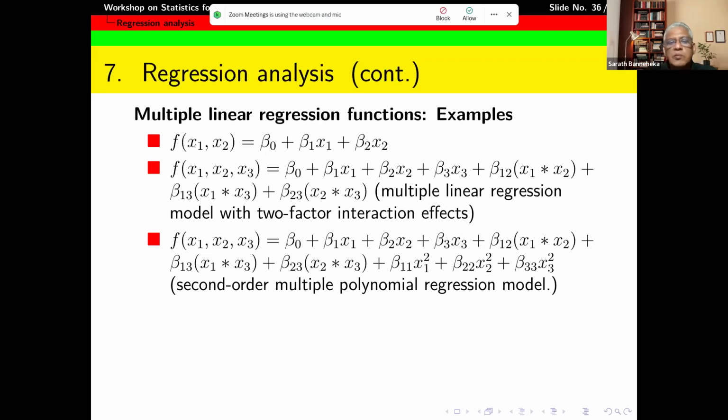It has a particular name because it has second order terms and square terms, but this is also a type of multiple linear regression model because the coefficients are in the linear form. So beta naught, beta 1, beta 2, beta 3, each is a different coefficient, and they all have power 1.